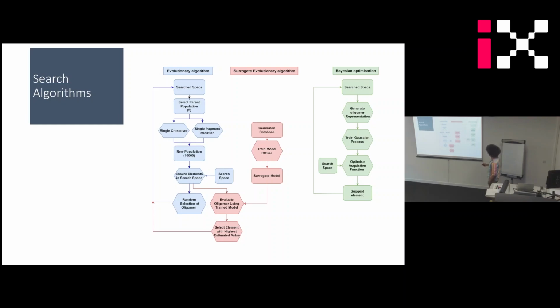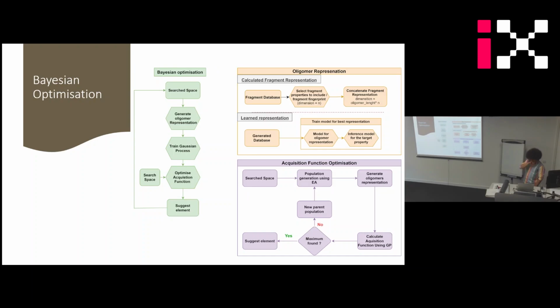So once you've suggested a new element, that's the one you're going to evaluate, with the long evaluation. Yes. Okay. So you don't have to evaluate all the elements in your population. So in this 10,000 population, you use the surrogate model to select one within the 10,000. Exactly. And then you send it back. Exactly. Or you just select randomly if you just want to use a model-free approach.